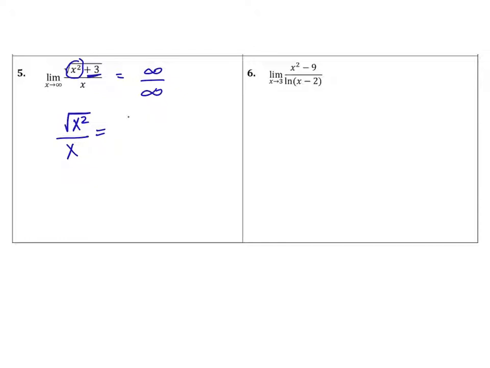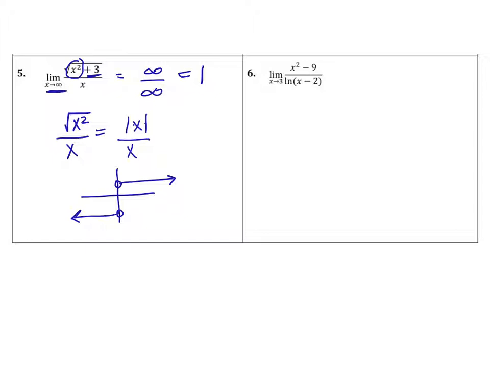If we do the square root of x squared, that is the absolute value of x back over x. And again, that's right back to our very first problem where we had this graph. Now, of course, it was shifted to the right too, but it's still the same concept there. So as x is approaching infinity, then we can say this limit is approaching 1.